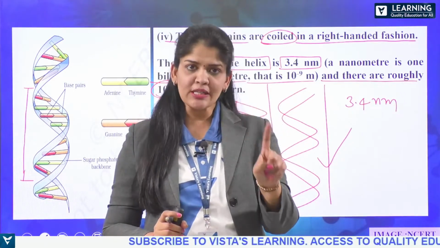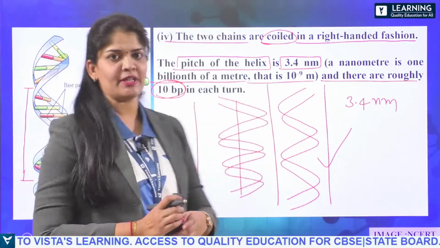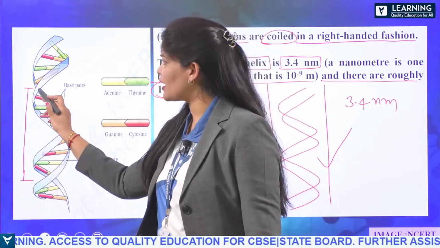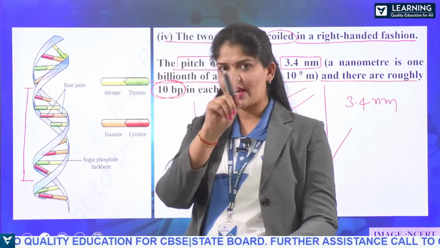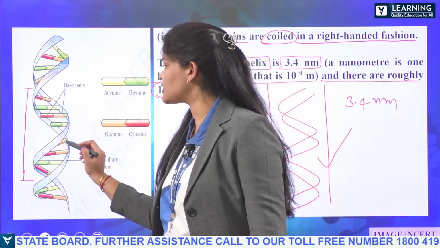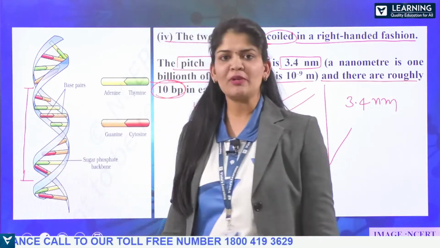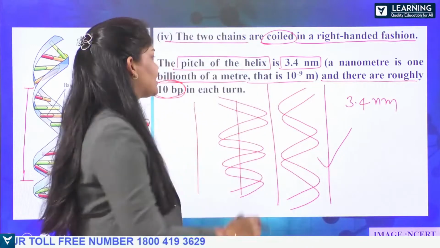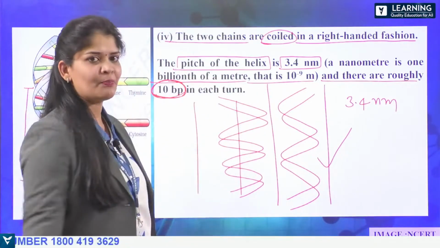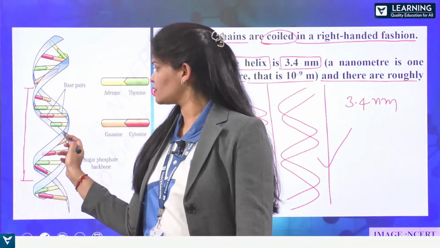One base pair is a pair of nucleotides, and here 10 base pairs. In this twist we find one base pair, 2, 3, 4, 5, 6, 7, 8, 9, 10. So all together in one pitch we find 10 base pairs in each turn. This is one turn, right?